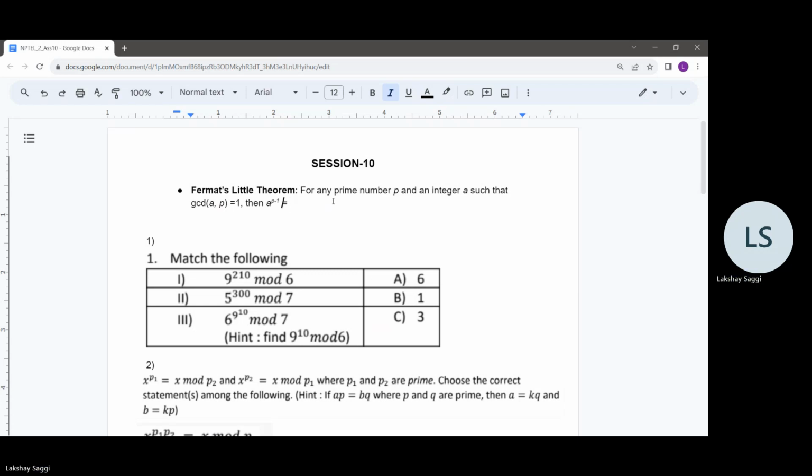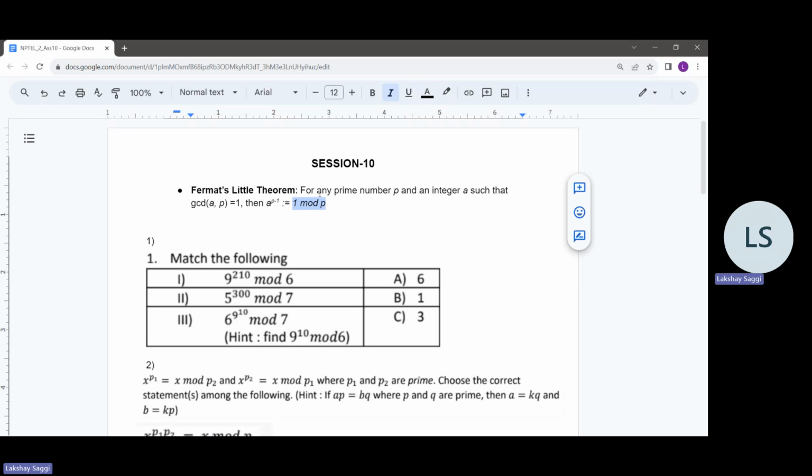Generally, the congruency symbol is drawn with 3 horizontal bars. But since I don't have the 3 horizontal bar symbol on my keyboard, I'll use this colon and then equal to sign as the symbol for congruency. So this is congruent to 1 mod p.